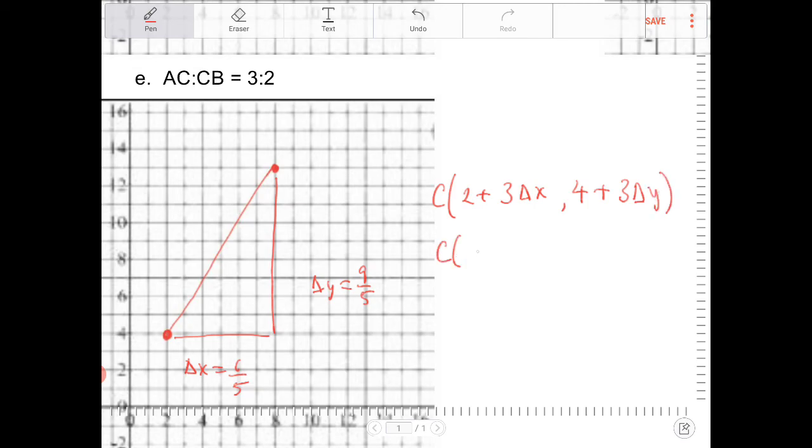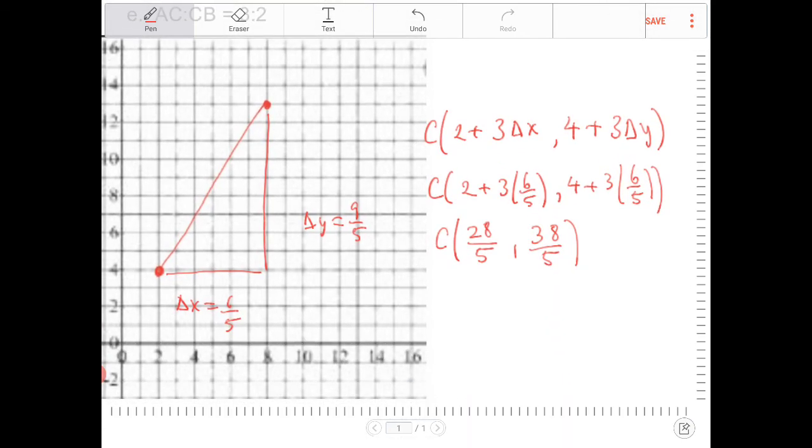That would be 2 plus 3 times 6/5, 4 plus 3 times 9/5, and that would be 28/5 and then 47/5... as spoken, 28/5 and 38/5. So that would be 5.6 and 7.6.